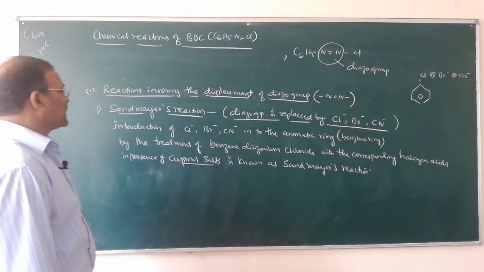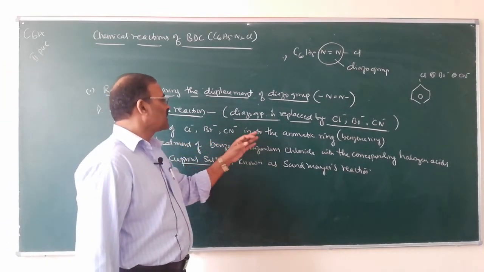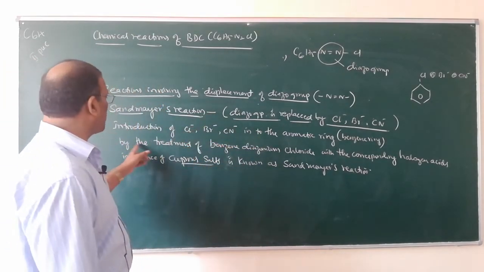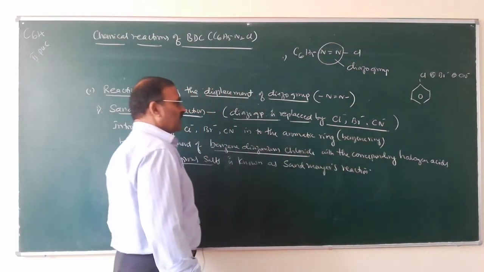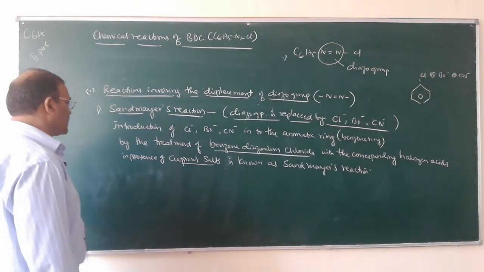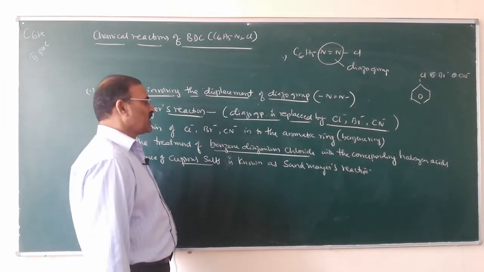Introduction of Cl minus, Br minus or CN minus into the aromatic ring by the treatment of benzene diazonium chloride with the corresponding halogen acids in presence of cuprous salts is known as Sandmeyer's reaction.